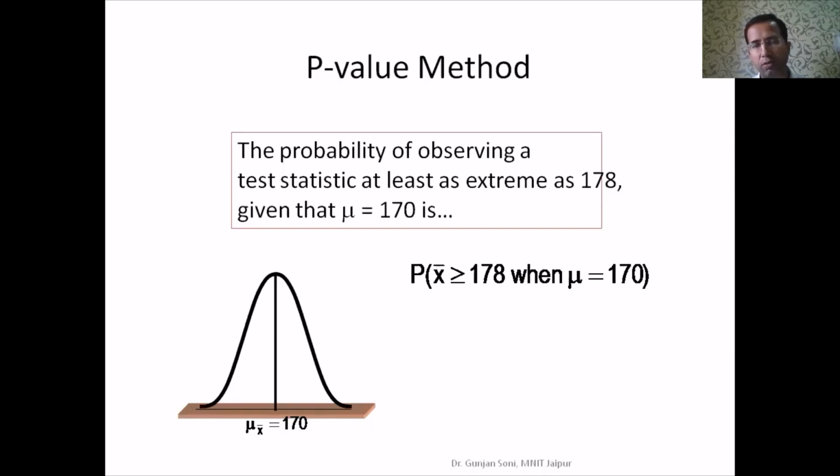For example, in this situation, corresponding to x bar greater than or equal to 178 is this red region which you see over here. So this is to the right. Had it been a less than, then this red region would have been on the left side of the Z calculated value, while if it is a greater than, the red region would be on the right side of the Z calculated value.